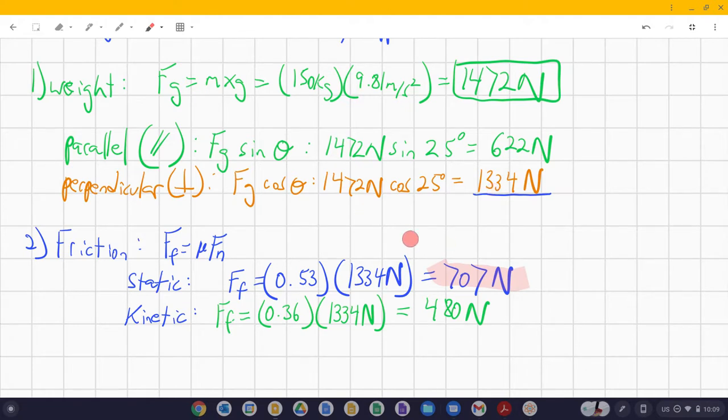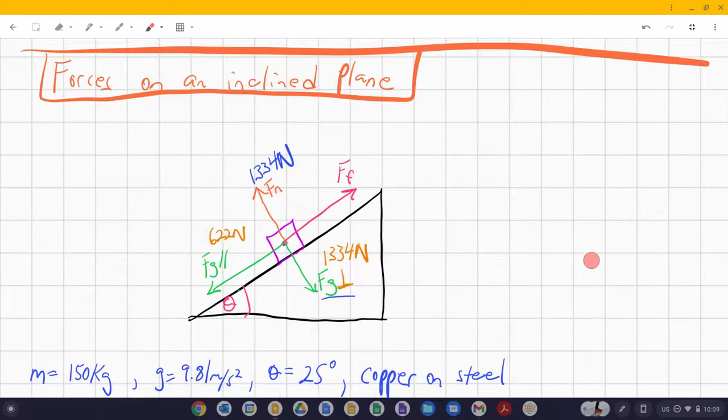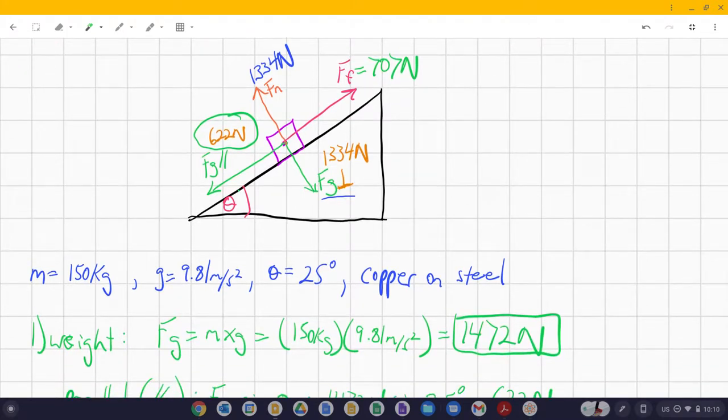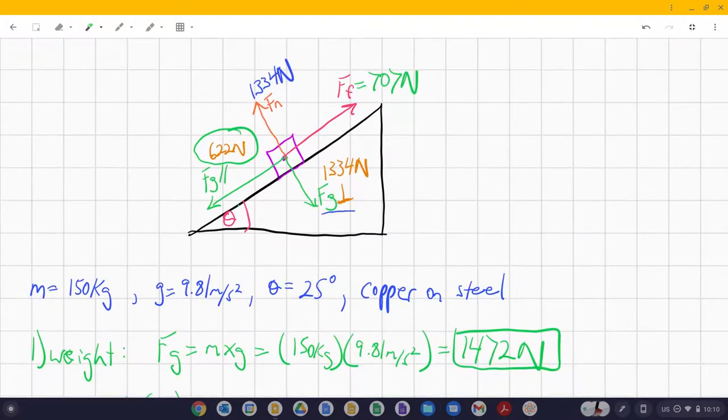Is the force pulling down the hill strong enough to beat the static friction? So basically, if the friction is 707 newtons, will it be overcome by the weight pulling down the hill? And no, right? Because 622 is not equal to or greater than 707. Therefore, if we just look at the object as is right now, it will remain still.